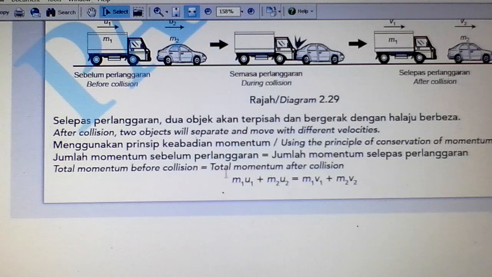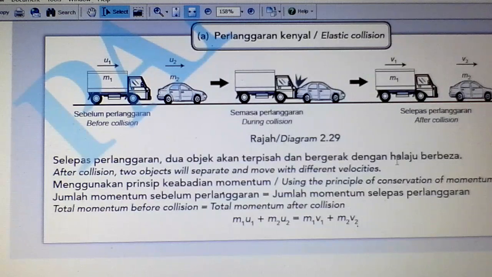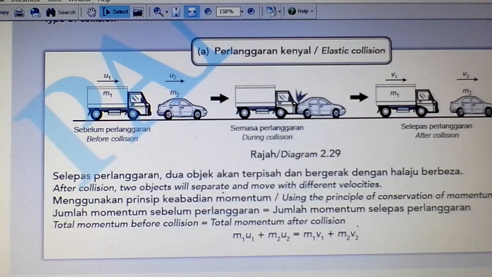So we have this general equation for elastic collision. Normally for elastic collision, the two objects will move separately after collision, and the total kinetic energy of the system is conserved, meaning the total kinetic energy before and after are the same. So this one is elastic collision.